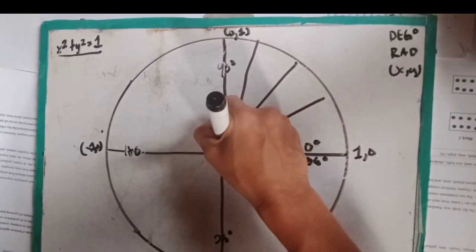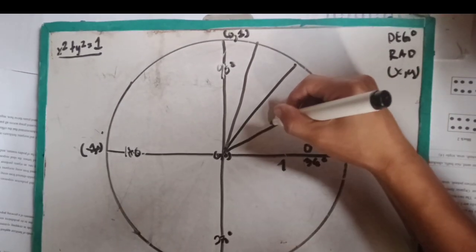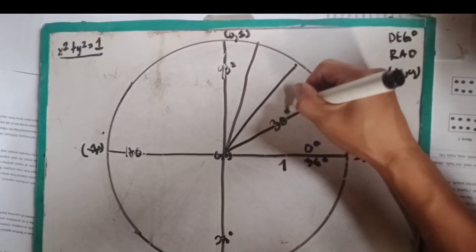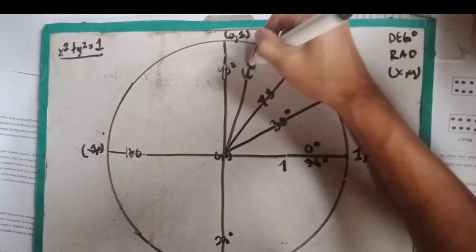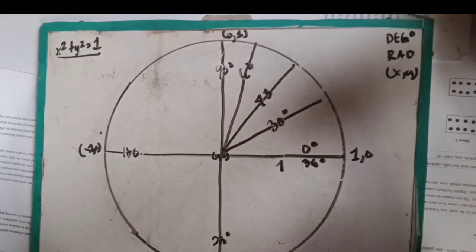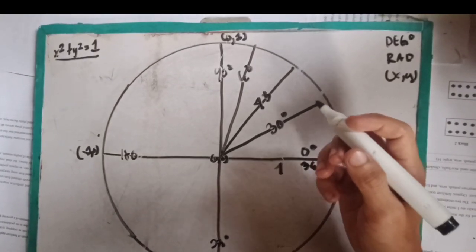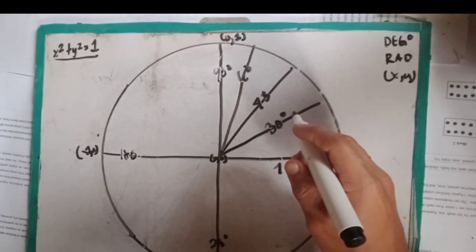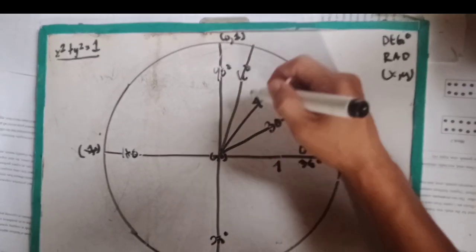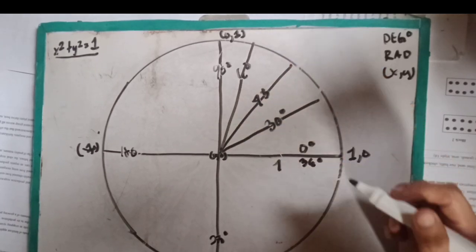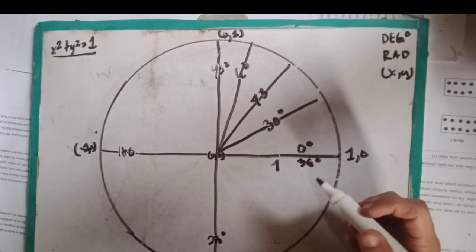So we must know the special angles, which are 30 degrees, 45 degrees, and 60 degrees. In order to get the values in degrees in quadrant 1, we must consider the right triangle that has a hypotenuse equal to 1.